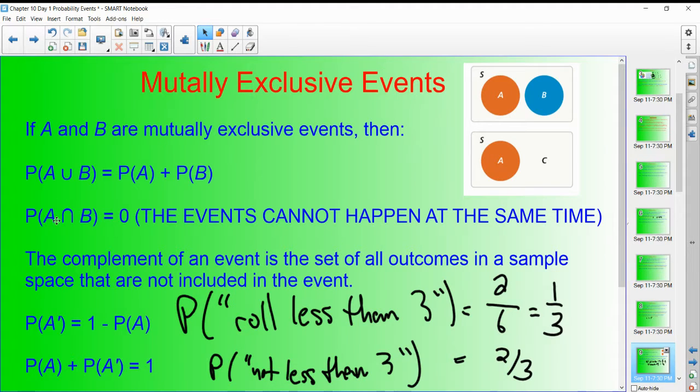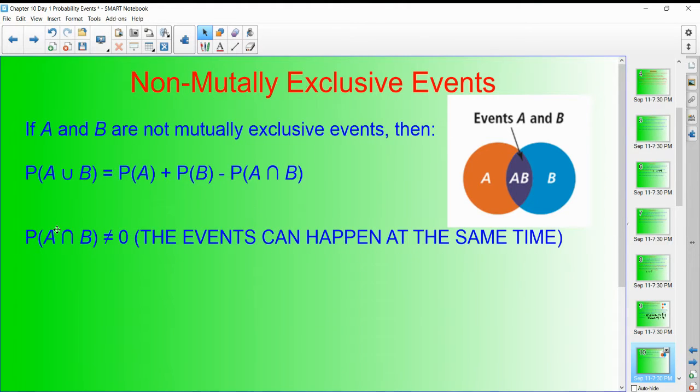And mutually exclusive events cannot happen together. Now, non-mutually exclusive events can happen together. Plenty of cases. Now, to find the probability of A union B, we can add up the two probabilities, but we always got to subtract the intersection.